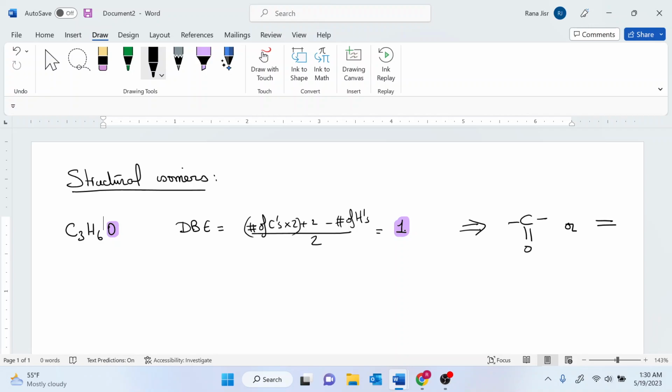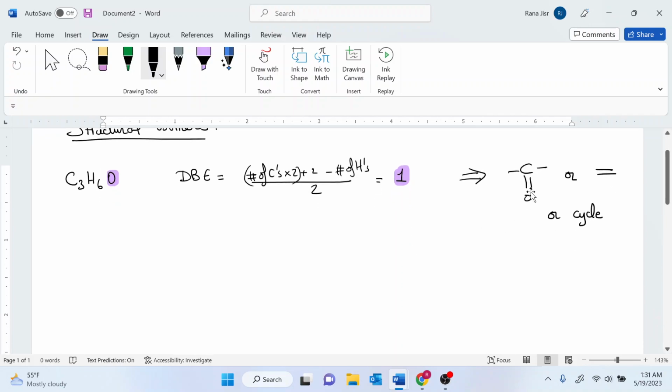If I have an alkene, then the oxygen in there is going to be in the form of an OH or an ether. Or I can have a cycle, because any one of those, whether a carbonyl, an alkene, or a cycle, is going to be a DBE of 1.